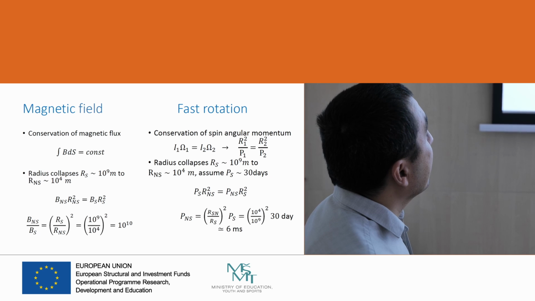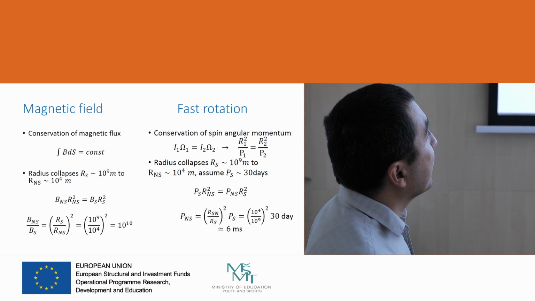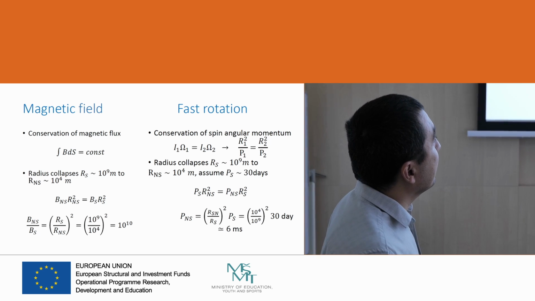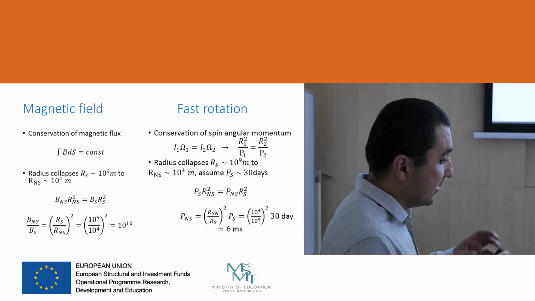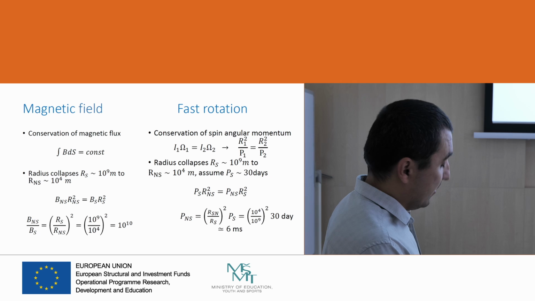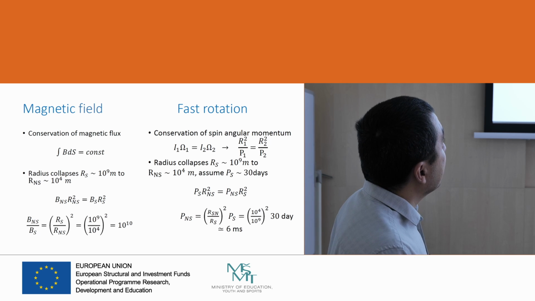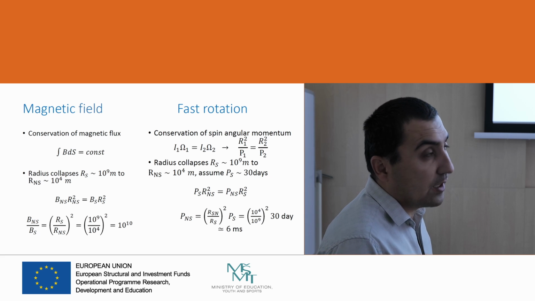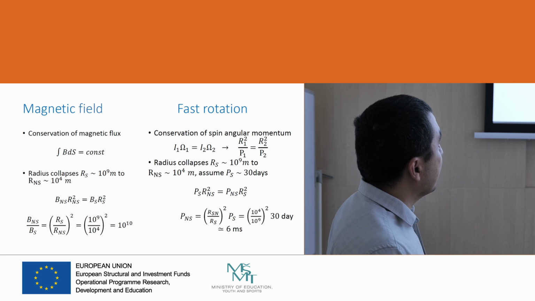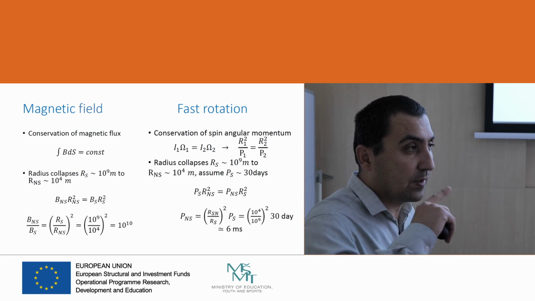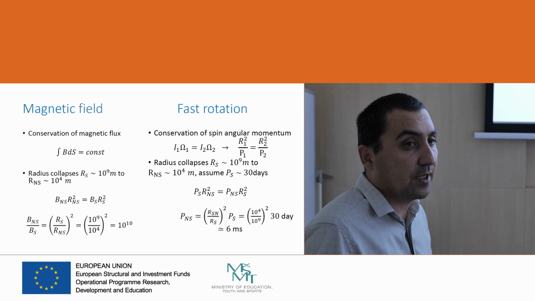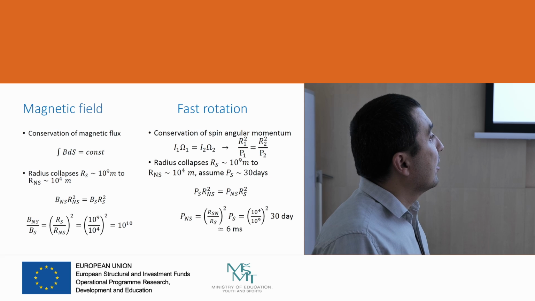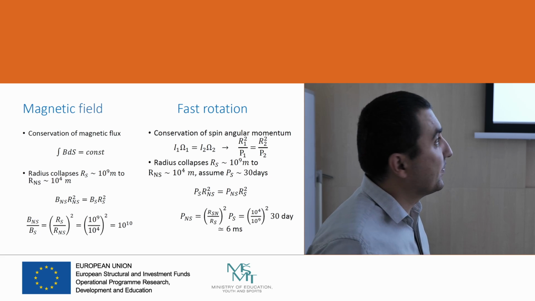Assume that the star radius is 10^9 meters, and the radius of the neutron star at the end of collapse is 10^4 meters. It shows that it increases 10^10 times, and if we assume that the collapsing star's magnetic field is 100 Gauss, it will be 10^12 Gauss.